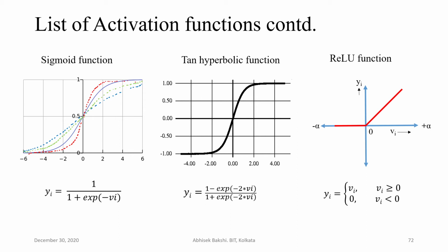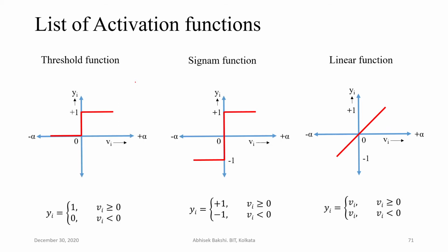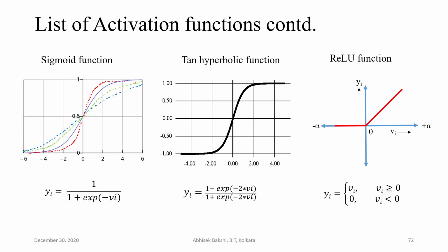Similarly, you see a very interesting thing, that this sigmoid function gives a nonlinearity which contains an infinite number of values between 0 and 1. So unlike the previous case of the threshold function, which gives either 0 or 1, this hard boundary is broken in the sigmoid function.